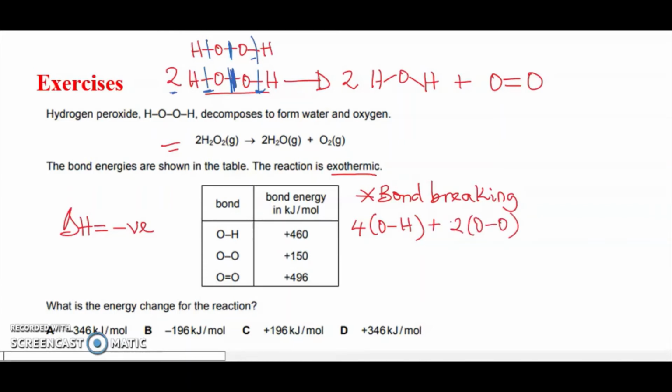What does that give us? Let's insert the values. So here we have 460 plus, over here we have 2 times 150. If we perform the math correctly, we're going to have 1990 kilojoule per mole. So that is it for bond breaking.